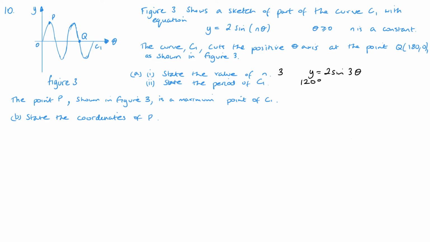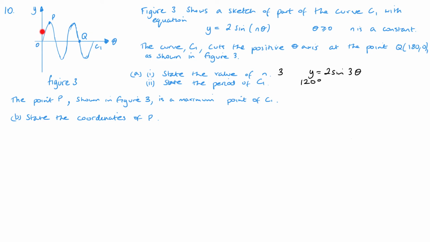Now for the next bit we need to state the coordinates here of P. Okay, it has a maximum, so we know that at P there it's the maximum point. So it's not too difficult. We've got a 2 in front of our sine, so obviously we're multiplying the y values by 2.